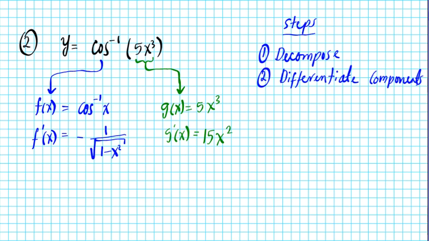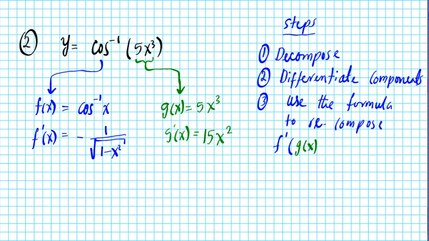So step 3, you use the formula to recompose. The formula is basically, let me write down the right side, f prime of the inner: the derivative of the outer evaluated at the inner, times the derivative of the inner.